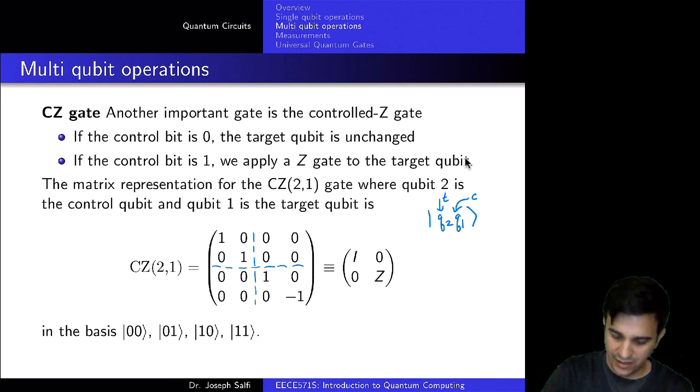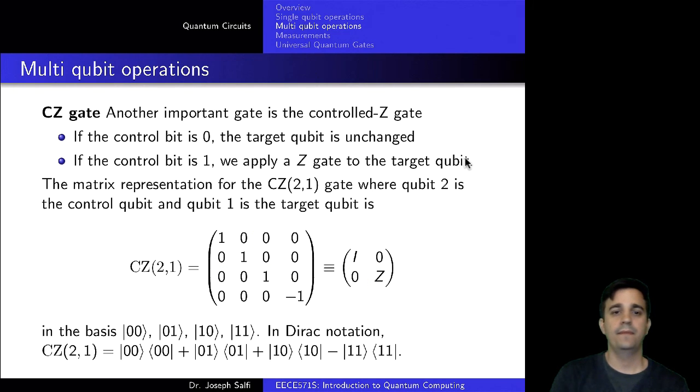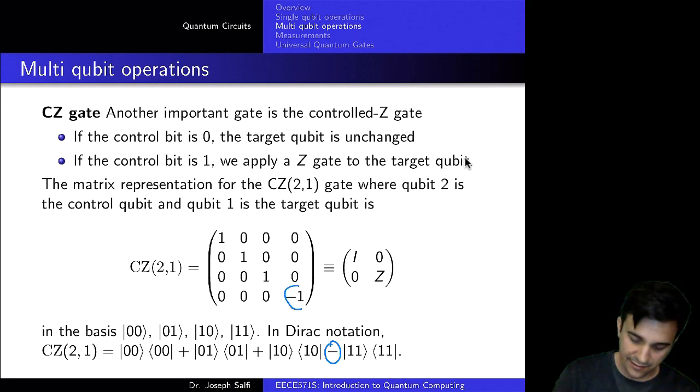This, of course, has the following more compact representation. In Dirac notation, the CZ gate is the same as the identity gate, except for we have a -1 on the outer product of 1, 1, and 1, 1. The last element here.